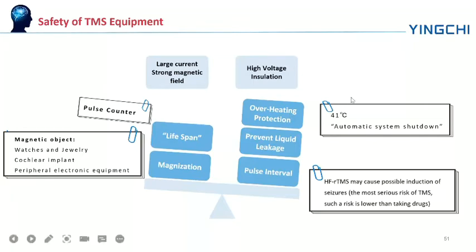As for the heat, we all know that the induced current may produce some heat, so we need overheating protection. The temperature needs to be controlled under 42 Celsius. YINGCHI overheating protection has an automatic system shutdown when the temperature reaches 41 Celsius.